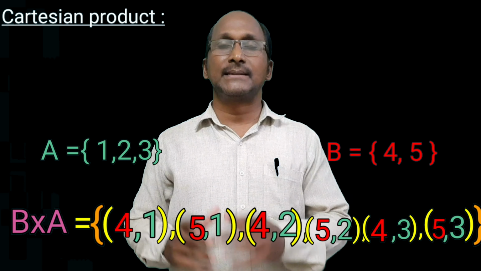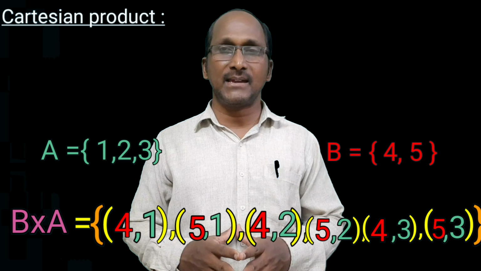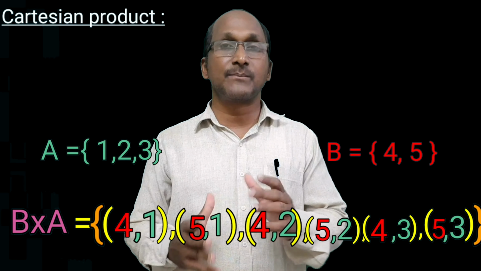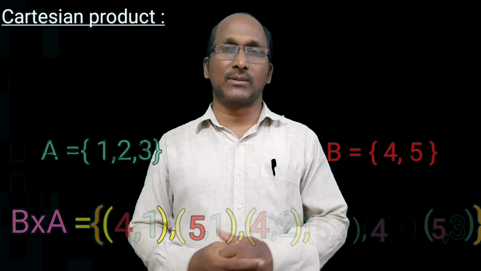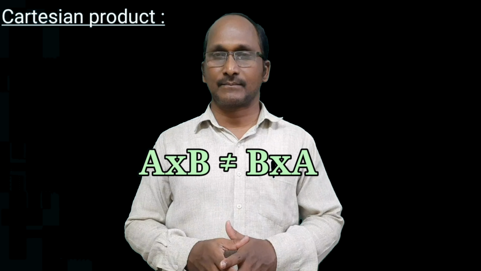After finding the Cartesian products A cross B and B cross A, we can observe that the elements which belong to A cross B may not belong to B cross A. So from this we can say that A cross B is not equal to B cross A.